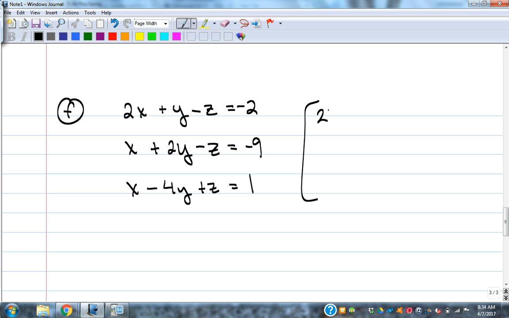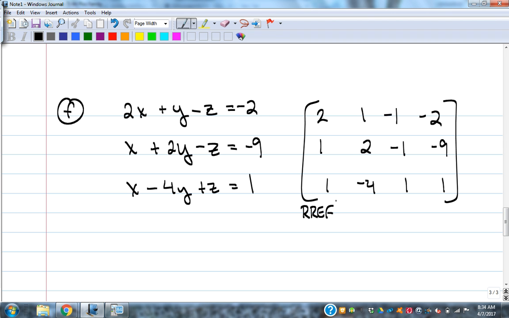So throw that into a matrix and run RREF on that.